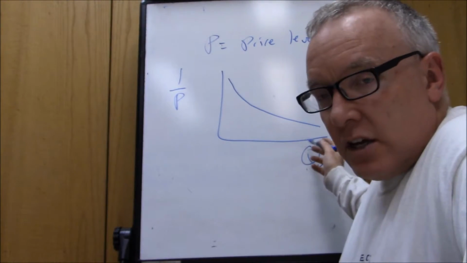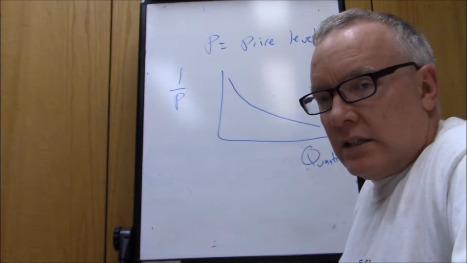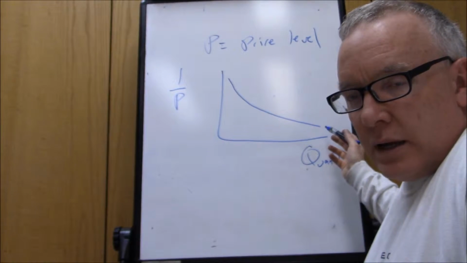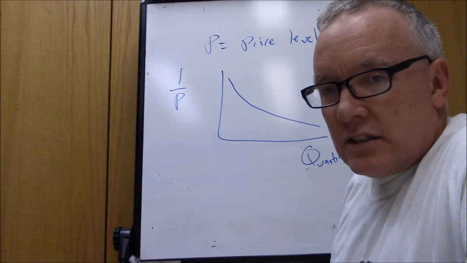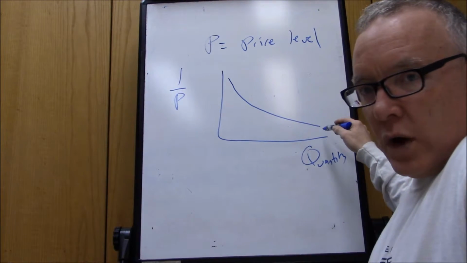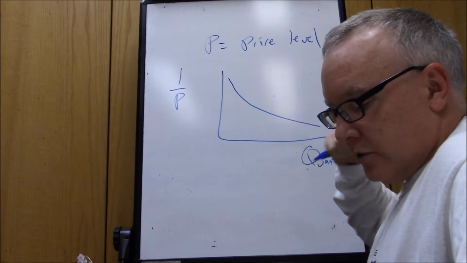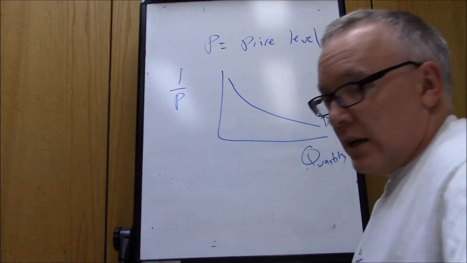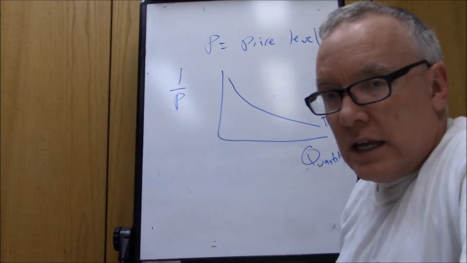If gas is $100 a gallon and you're driving to West Hartford every week to take class, you need a whole lot more money in your bank account to buy that gasoline than if gas were, say, 10 cents a gallon, right? So the higher the price level, the greater the quantity of money you're going to need to have available to you. Now, so this is the demand curve, right? You can just think about higher the prices, the more money you're going to need to have in your pocket.